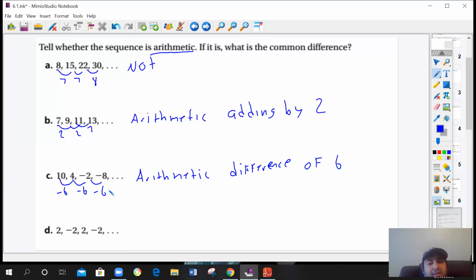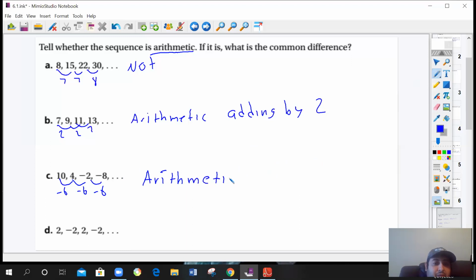You get the idea. Excuse my handwriting. It's not easy to write on a tablet. Let me see if I could write it down a little bit better for you. Arithmetic, by -6.